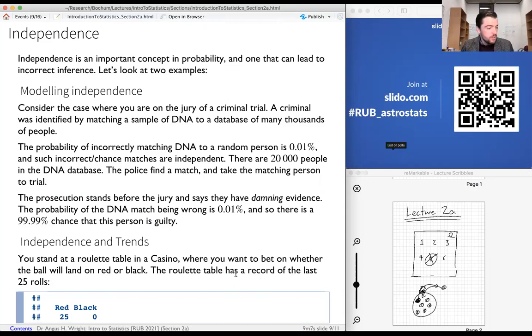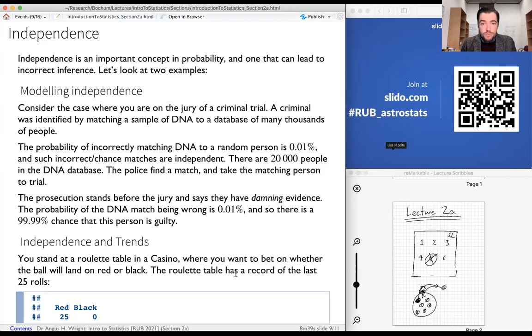And we're going to do this using two tests that we're going to do together, two surveys we're going to do together, two stories we're going to figure out. So the first situation that we're going to consider is around the importance that independence has when we're talking about modeling. So I want you to consider a case where you are on a jury in a criminal trial.